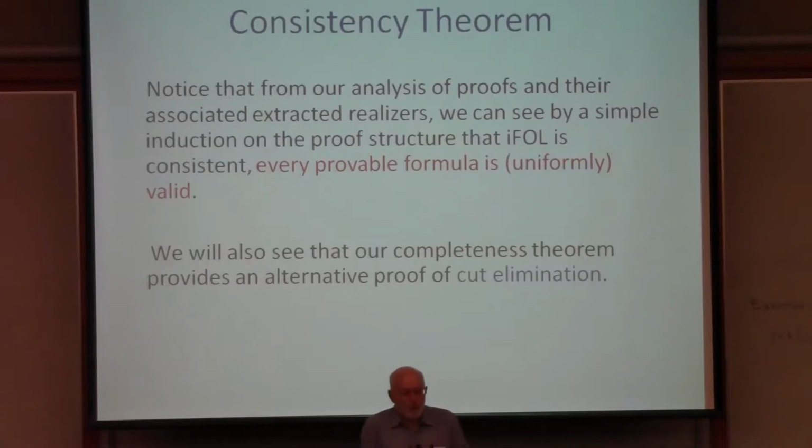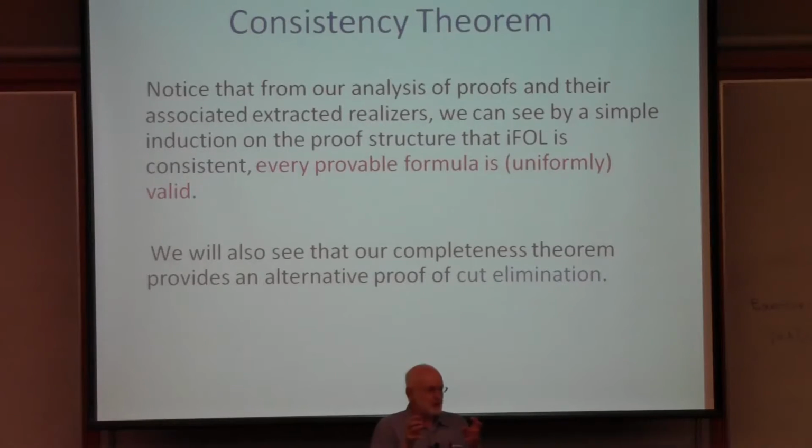But one thing to notice already about what I explained from analyzing the proof terms is that we have a very nice constructive consistency proof for first order logic. Because what did we do? We showed that if something is provable, we could actually, from the proof, build the semantic realizer.